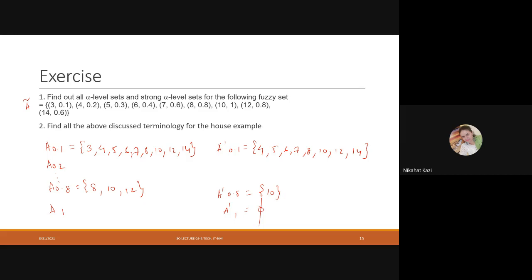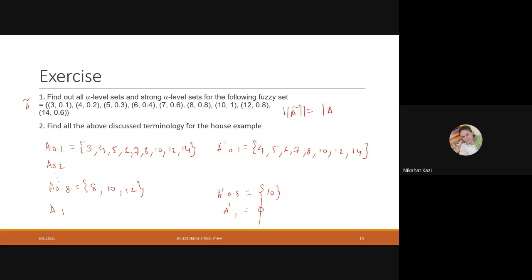So relative cardinality also is sorted. If you assume these elements as the universe, then there are 1, 2, 3, 4, 5, 6, 7, 8, 9 elements. What is the relative cardinality of fuzzy set A?